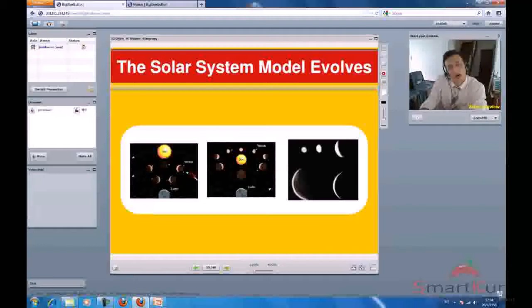I want to skip ahead just a little bit. Let's look at slide 18. Here on slide 18 we have three pictures. The picture there on the left shows you that model that Ptolemy came up with. He has the picture there of the Earth, Venus, and the Sun.